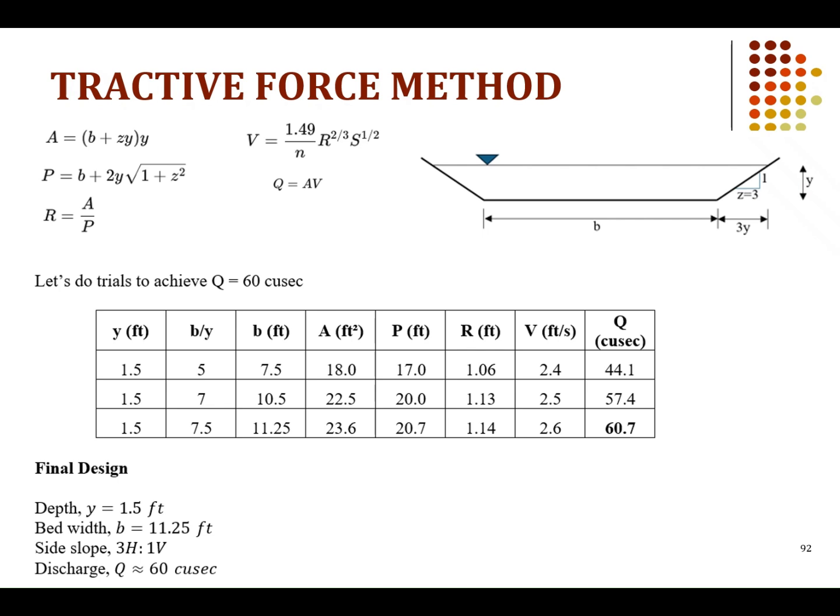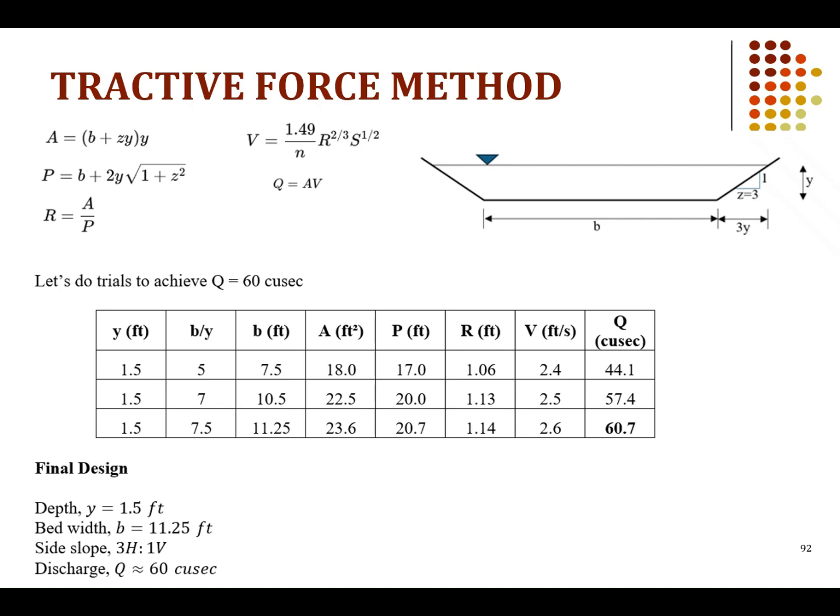This finishes the tractive force method, and I will try to assign you a few practice problems for tractive force. This also finishes all the methods which we had to cover, empirical and rational, for the design of unlined earthen channels. Remember that all the design methods which we have studied belong to unlined earthen channels.